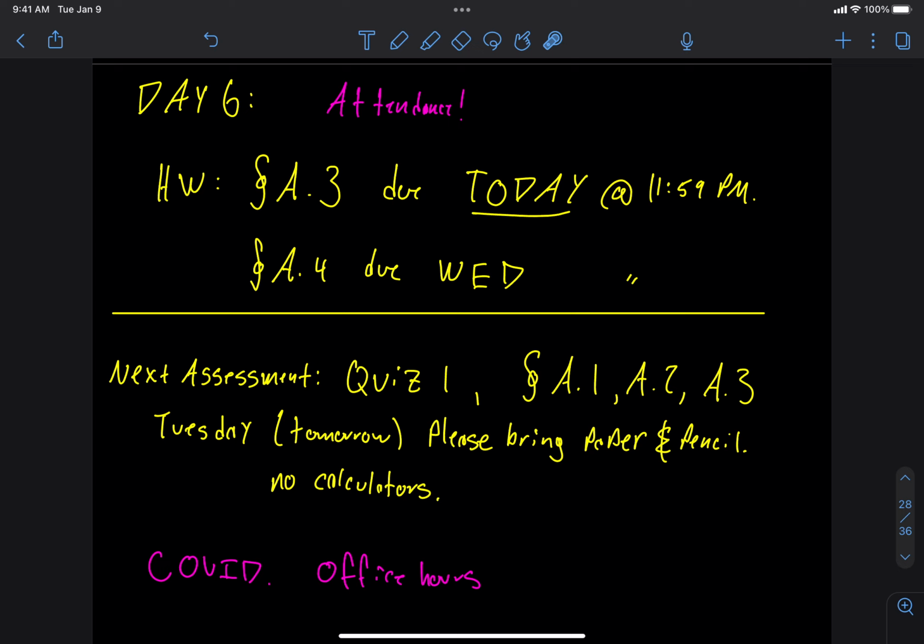For the quiz tomorrow, usually I will print out quizzes for you all. But the math building is still not ready, which means that I don't have access to a copy machine, so I can't make copies of quizzes. So instead, I'd like everyone to just bring a piece of paper. If you have a notebook, just tear out a piece of paper.